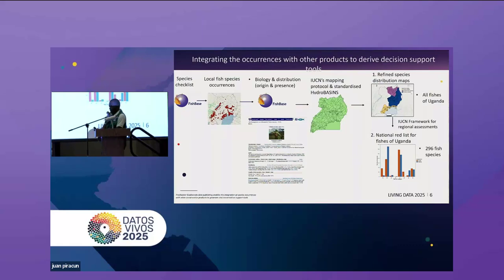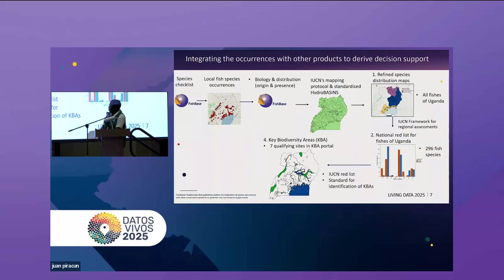This bar graph that you're seeing is comparing conservation status on our national red list with conservation status on the global red list. We see that the national red list is better in informing decisions compared to the global red list. That is because it is based on more information that people who do global assessments do not have access to.